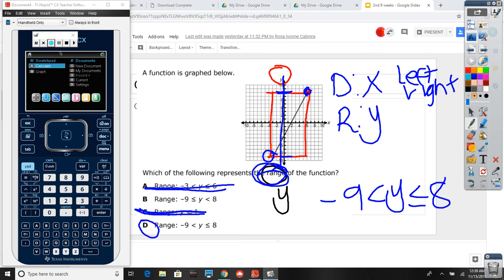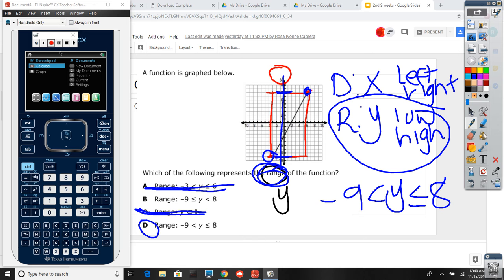Excuse the handwriting, I'm on my laptop and it's really hard to write. And when we're talking about the y, we're going from low to high, which is what we did on this one. We went from the lowest point to the highest point. Okay, let's go on to the next problem. We haven't used the calculator yet, but that's okay because this problem was not too bad.